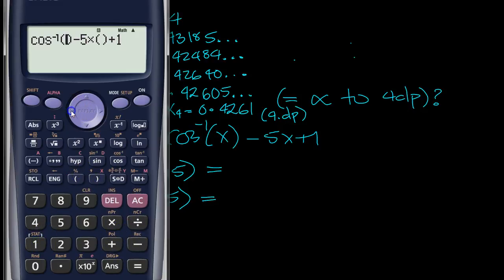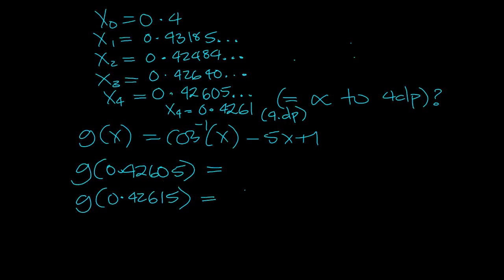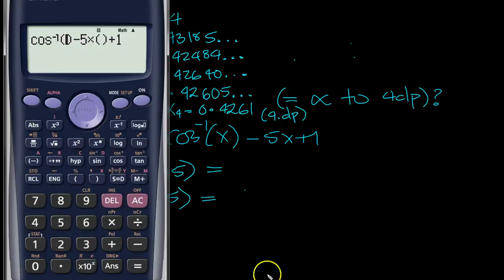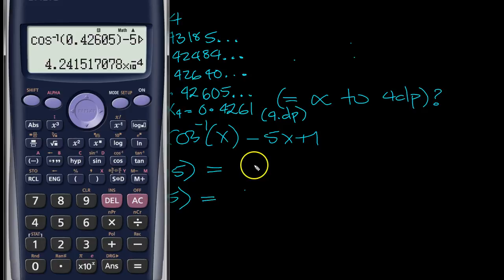Okay, so the first value to put in is 0.42605 in those two places. 4.24 times 10 to the minus 4.